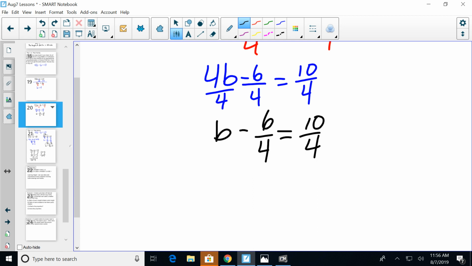Can you solve it now? Yes, because what's the next step? What are we adding? 6. We're going to add 6/4 on each side.